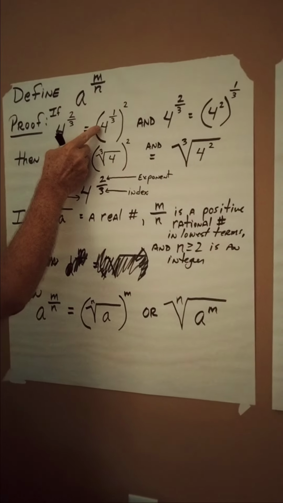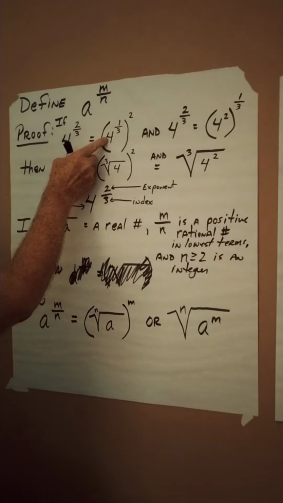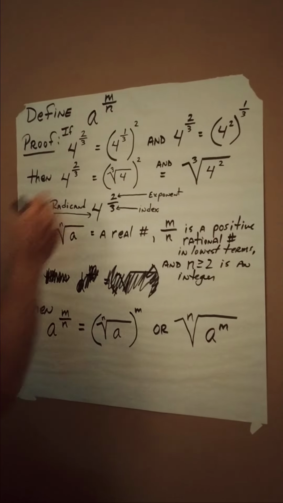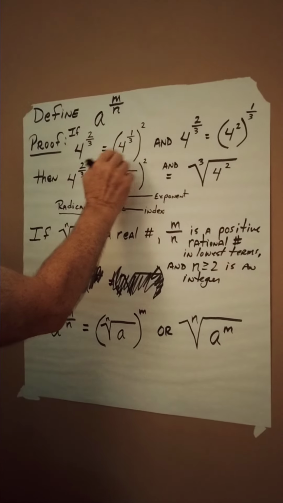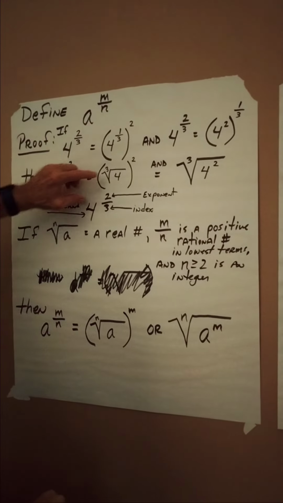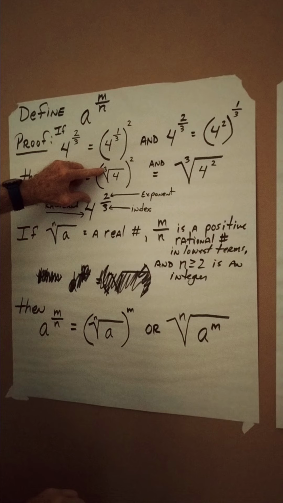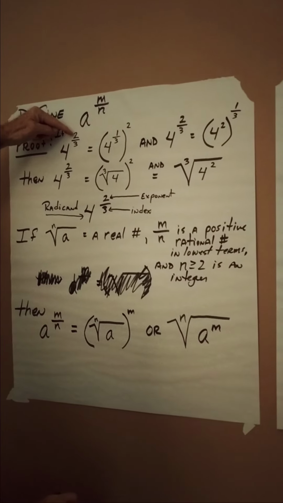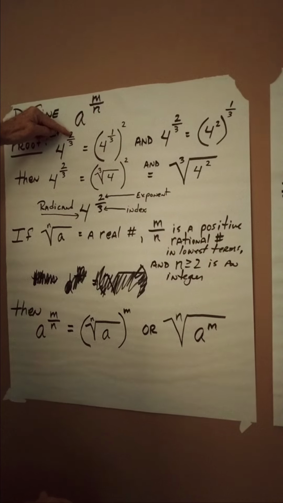This base of 4 becomes your radicand. The denominator of 3, that's your index. And notice the function of this numerator.